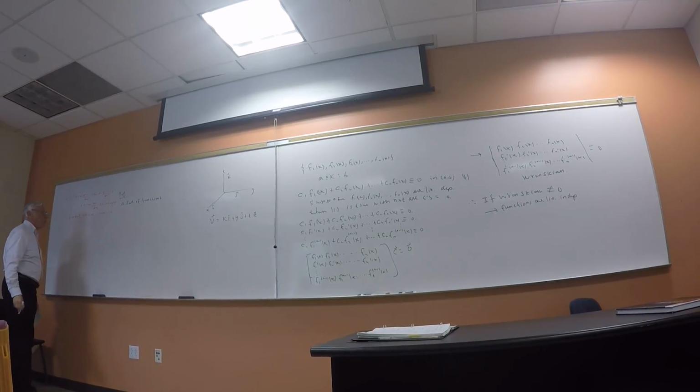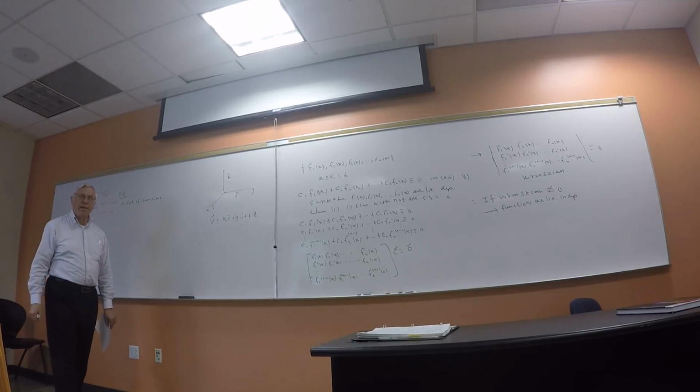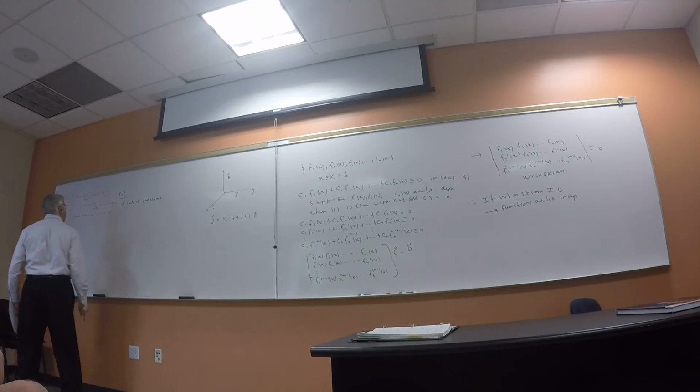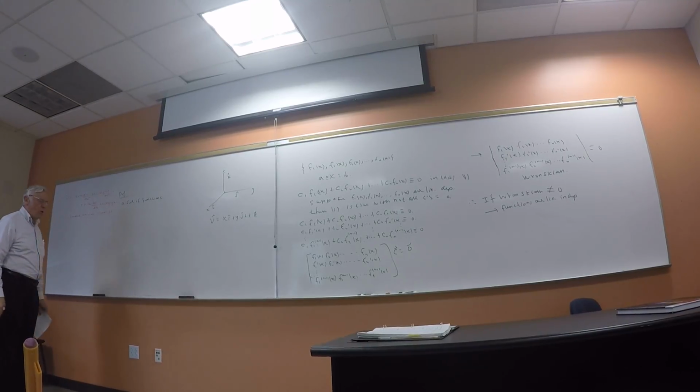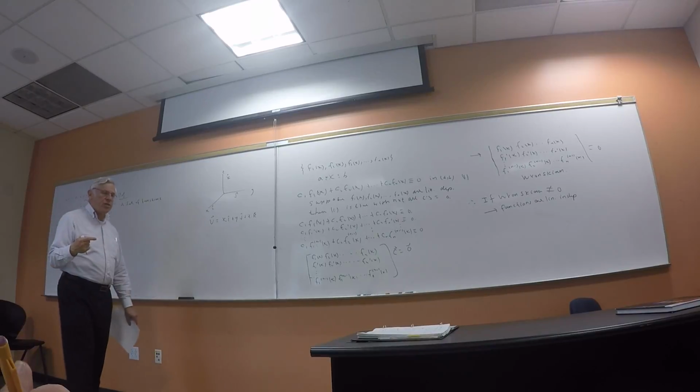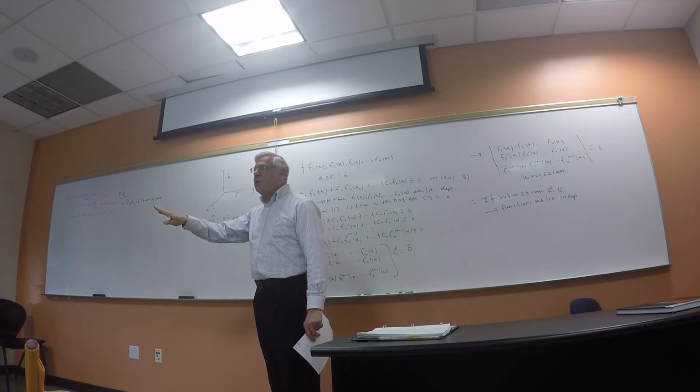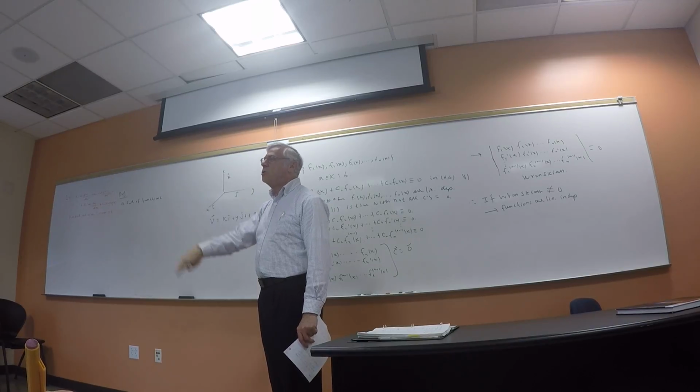It's nth order because the highest derivative is the nth derivative of y with respect to x. And again, I'll remind you, if g of x is non-zero, it's called non-homogeneous. G of x identically 0 is called homogeneous.